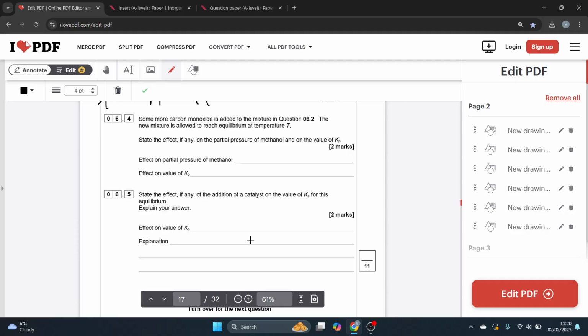So more carbon monoxide is added to the mixture in question 6.2. The new mixture is allowed to reach equilibrium at temperature T. State the effect of any change on the value of Kp.